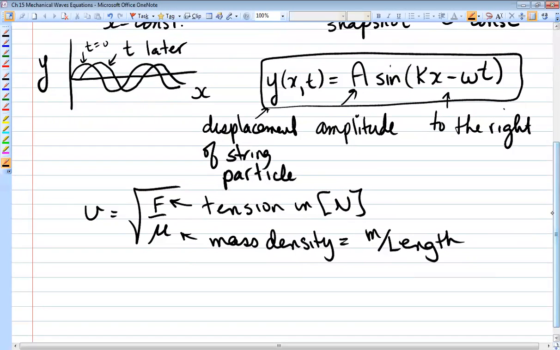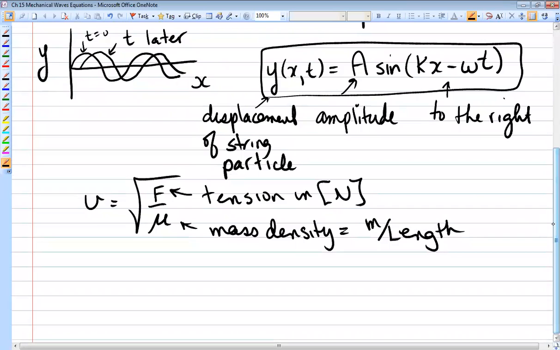Okay, the next equation on your equation sheet has to do with the power associated with these waves on a string. So the average power, and of course we know that waves have power. Just think about a water wave crashing into the shore. An oscillating string certainly has power. It produces sound, that sound comes out, you can hear it. The formula they've given you for power is specifically for a wave on a string, because you've got tension here.